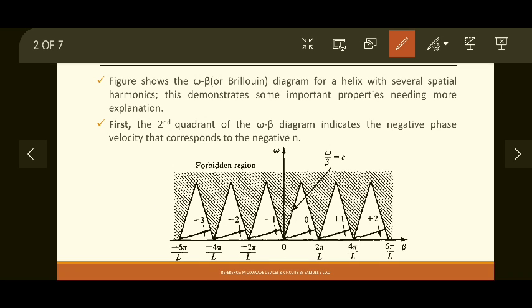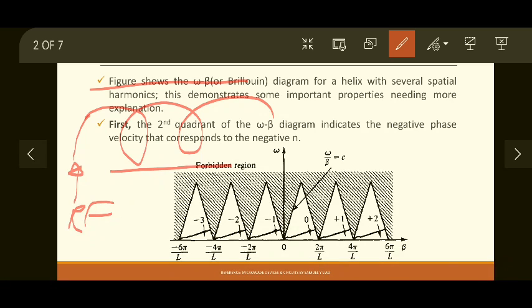So if we have a helical coil, we are applying an RF input, that is microwave input. There are magnets above and below this helical coil, and an electron beam going through the center of this helical coil.